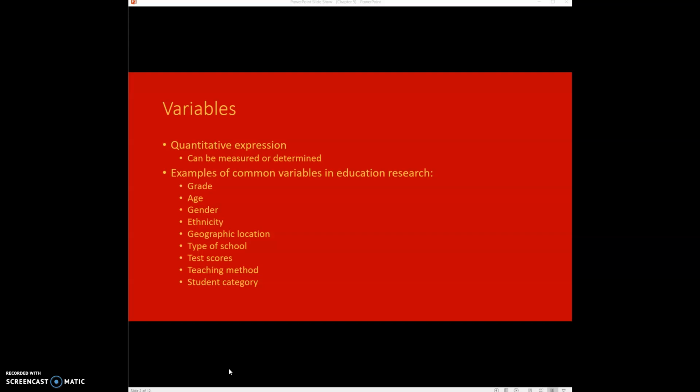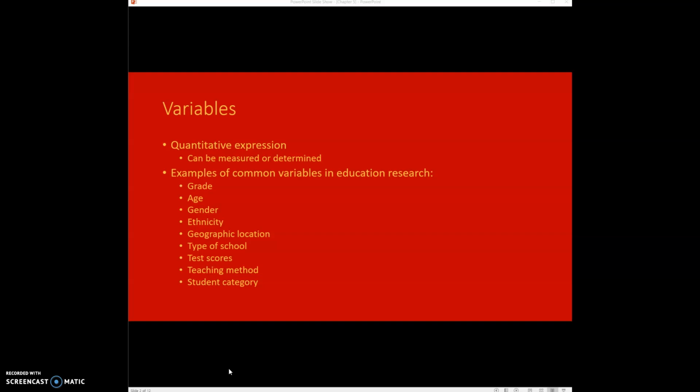Those can be categorized. Student categories can range from high performing, low performing, low SES, non-low SES. That can be divided into free lunch, reduced lunch. There's just about every way that you can think of to categorize something.